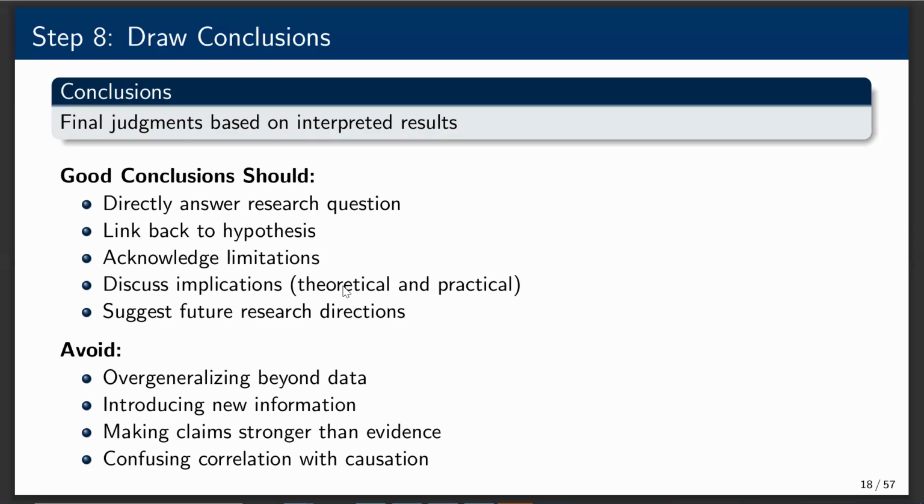Avoid overgeneralizing beyond the data, introducing new information, making claims stronger than the evidence, and confusing correlation with causation. So what you are observing here is that your conclusion should be directly linked to the research question you started with, when you began the research process itself. So a good conclusion is very important.